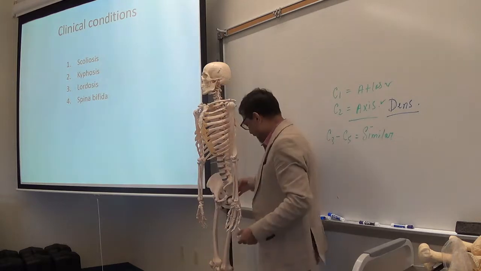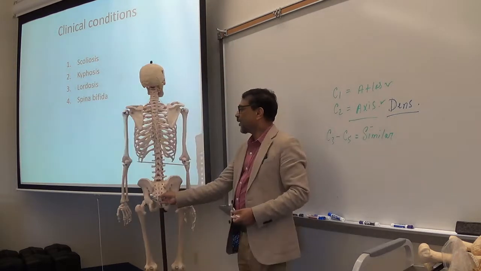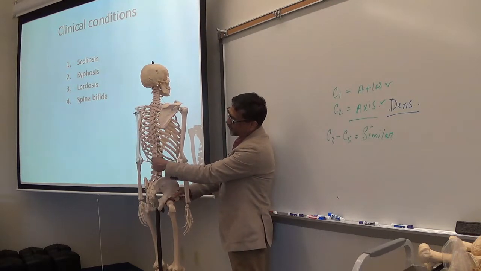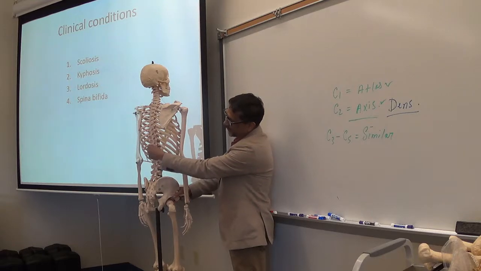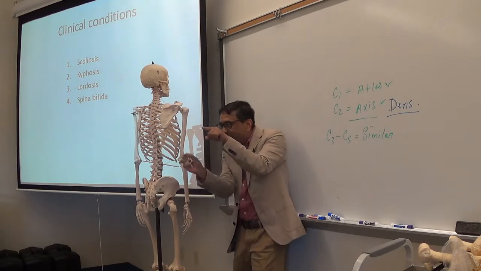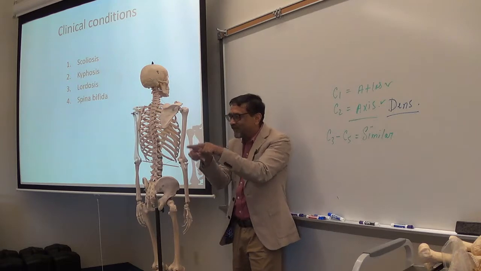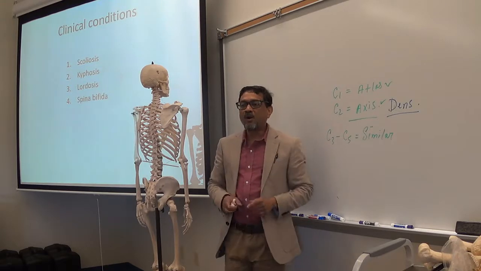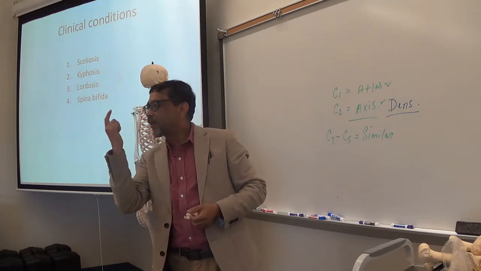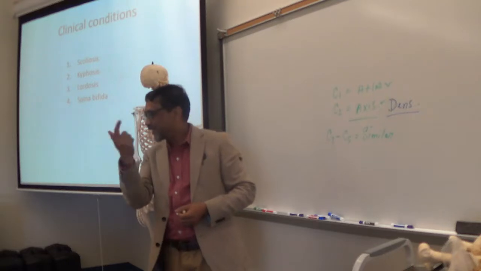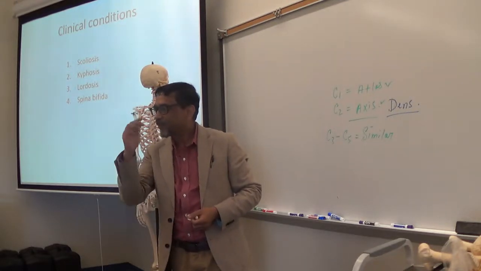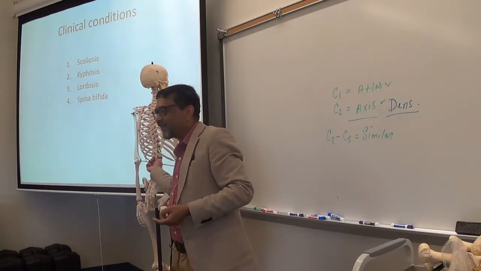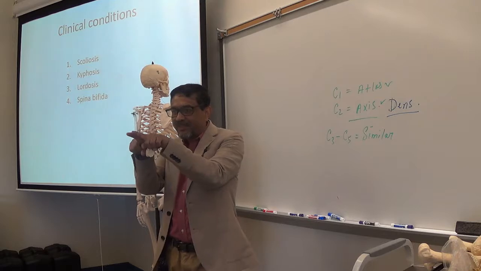If a number of spinous processes were not fused, then this part will have a slit, a gap, like this, through which the spinal cord or the covering of the spinal cord, which is called the meninges, can come out through the back. Because there is a slit or opening there.